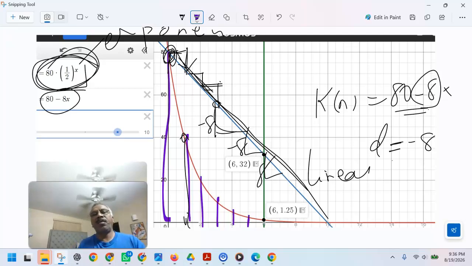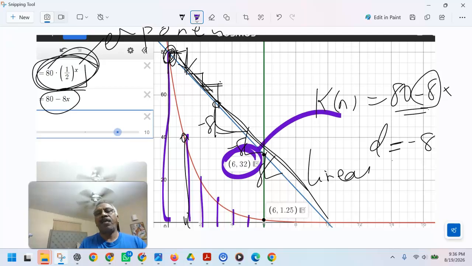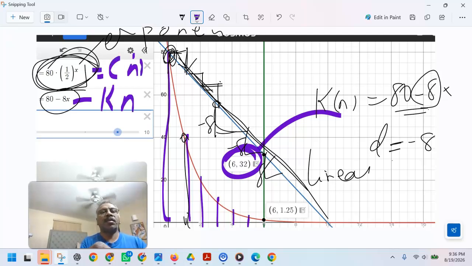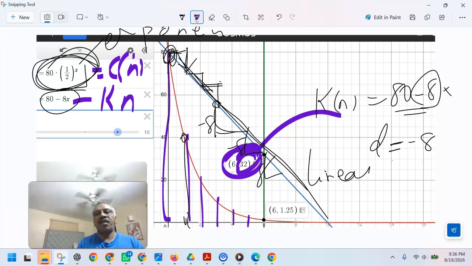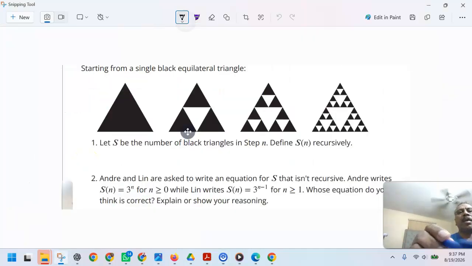Okay, so which one is bigger? So this is bigger. This is Kiran, and this is Claire. So Kiran's number is, after 6 cards, 32. For Claire it is 1.25. So I hope I made sense. So this is 8.3. I think this is 8.3.